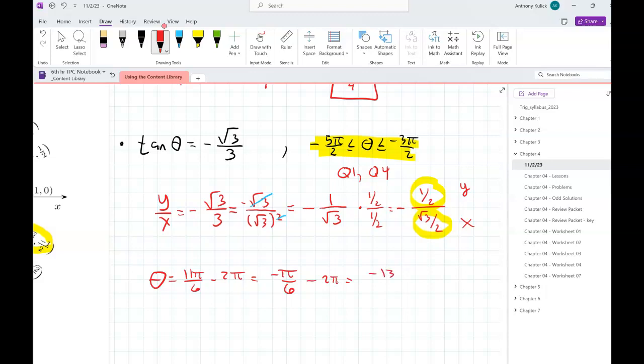That's going to be negative 13 pi over 6, which is like negative 2 1/6, right? Which is bigger than negative 2.5, but still smaller than negative 1.5, right? So this guy will be good to go for us. Uh-oh.